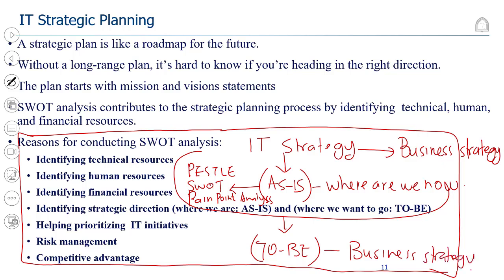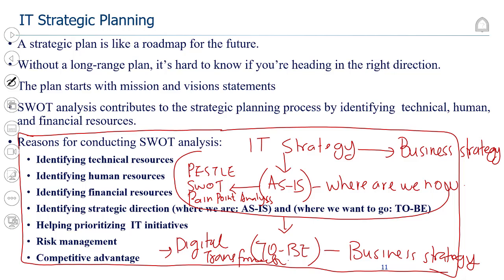So let's say the business wants digital transformation. They want to go online and start selling things online. Then IT will have to find a way to assist them to go digital. But IT cannot decide that you're going digital.